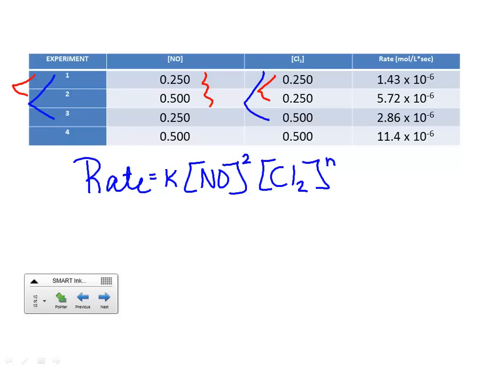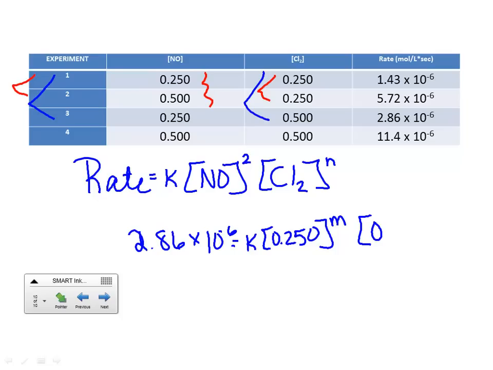So in this case, we're going to have a rate of 2.86 times 10 to the minus 6 equals K times 0.250 to the m. You can just leave it as an m even though we know it's a 2 because it's going to cancel out anyway.